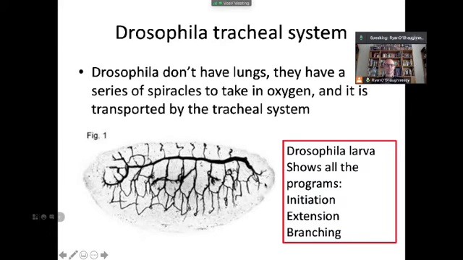So, as you might expect, it being Drosophila, there are many Drosophila mutants that impair the formation of this tracheal system. And one of these is called trachealess, i.e. no trachea in the mutant, and this is the master regulator of the trachea and is expressed prior to trachea formation.